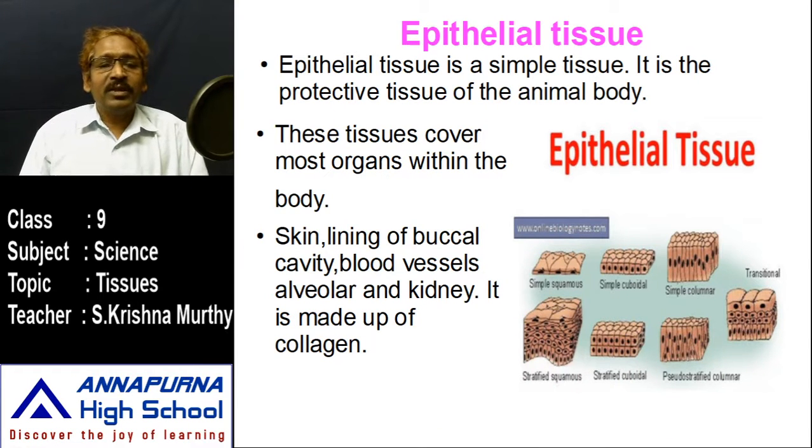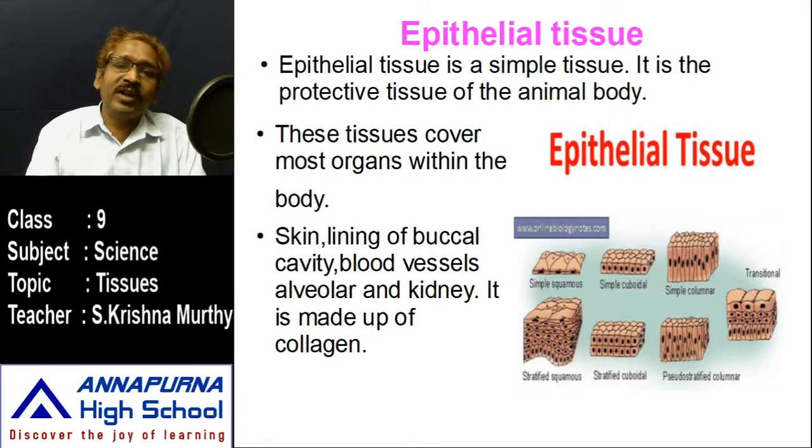Among them, the first one we have to learn about is epithelial tissue. I think you know very well about epi and thelium. Epi means the upper portion of the body, upper portion of the skin, of the cell, of the tissue, of the organ; whatever lies on the upper portion of the body is called epi.